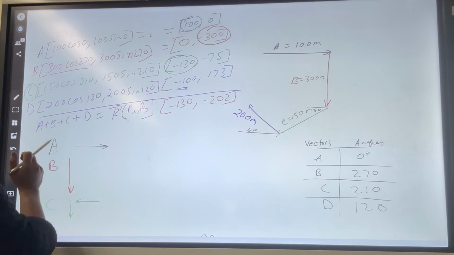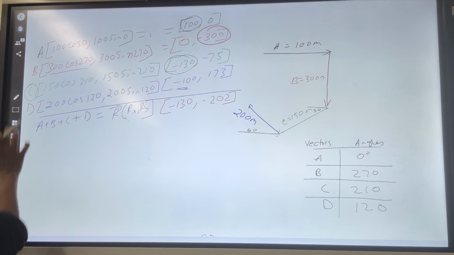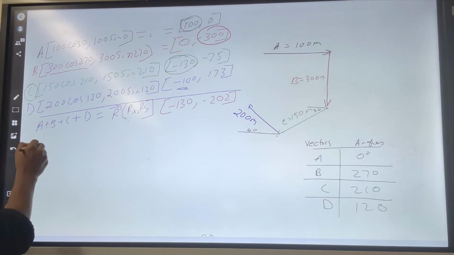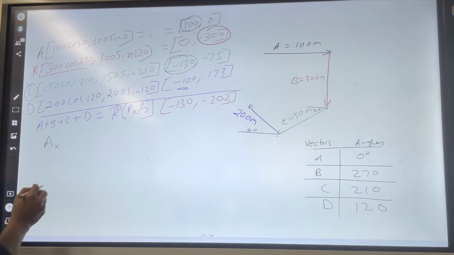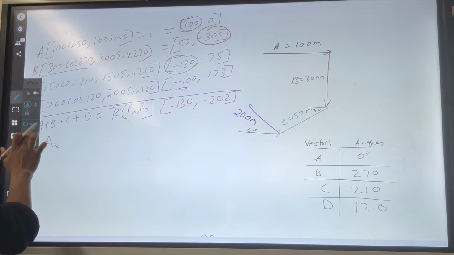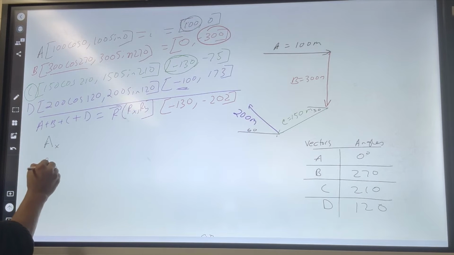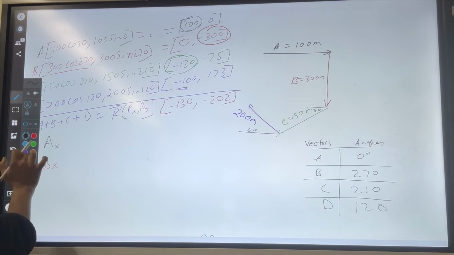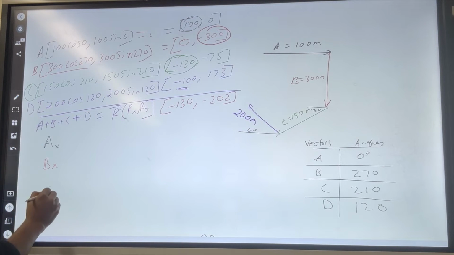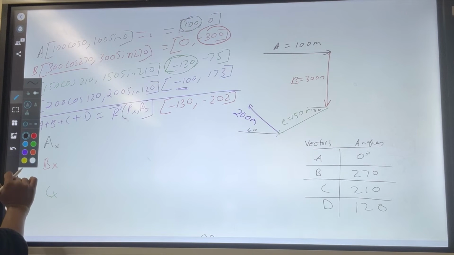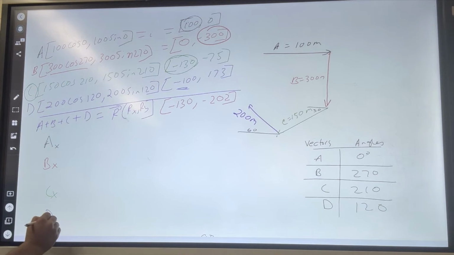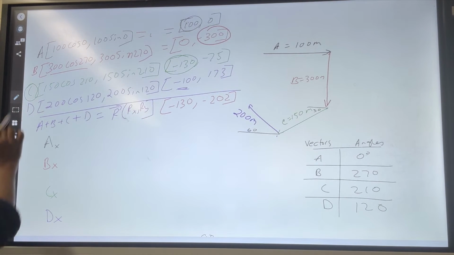Okay, let's fix them. Let's write AX, BX, CX, and DX. AX is 100.